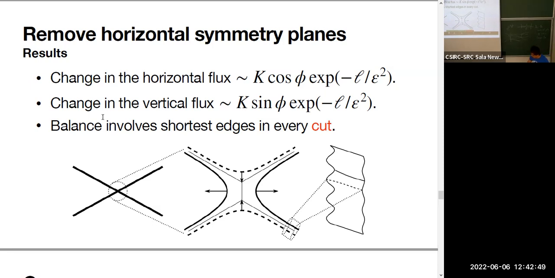And here I have something similar. So epsilon being very close to 0, then if L increased just a little bit, it can be ignored. So this term is only considered at the shortest edges.